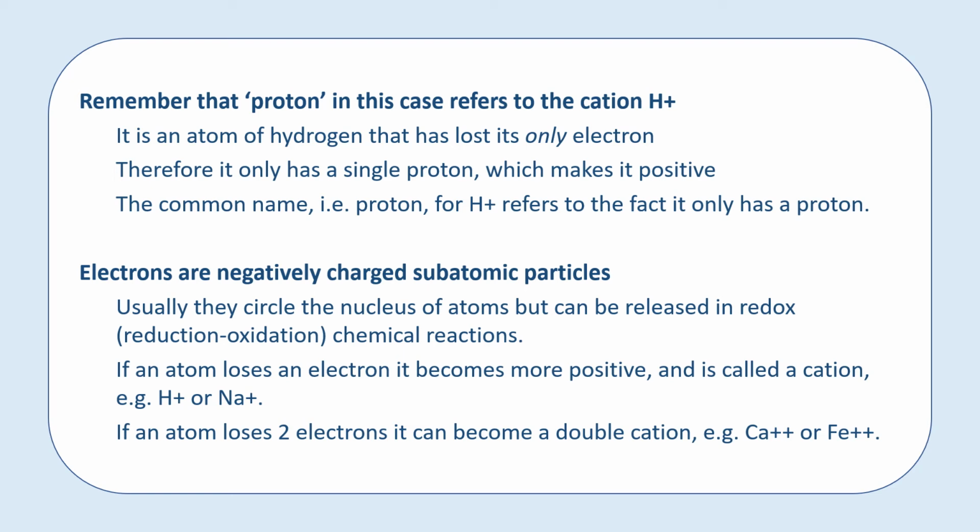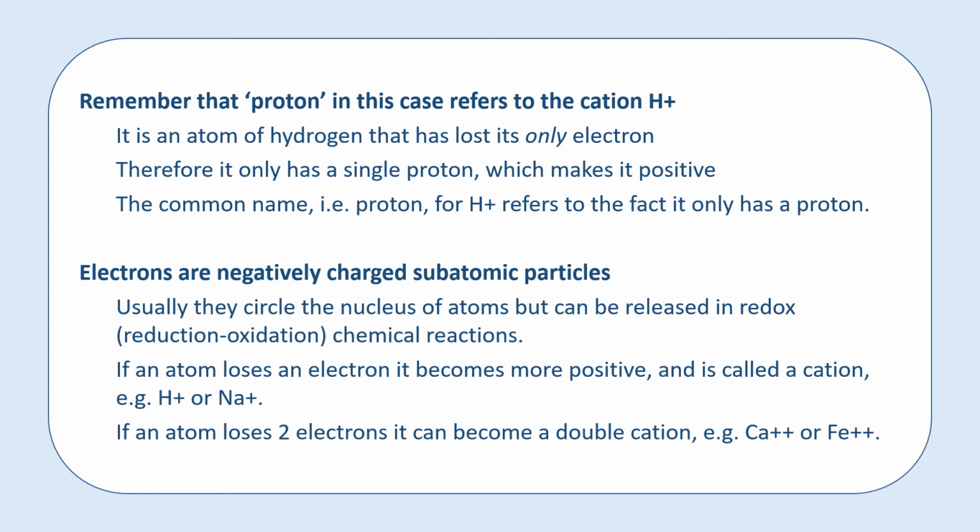If you write the word calcium, then it means the atom, it doesn't mean the ion. You could write calcium cation, but that would take more writing, and also it would indicate Ca+, not plus plus. You'd have to write calcium double cation. It's much easier to write Ca++, or Fe++ for iron, or H+ for our hydrogen cation, Na+, sodium cation.